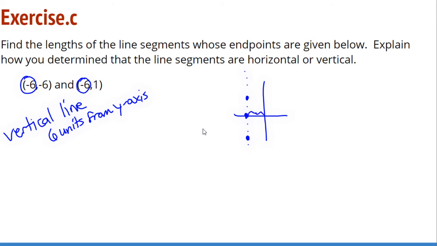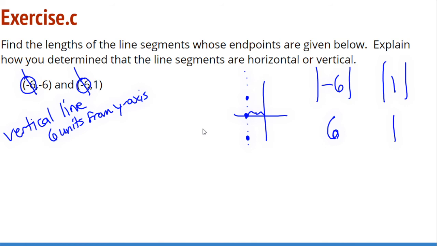Okay, so now that I know that I've got a vertical line and that both points are on the vertical line, I need to find out how far apart the 2 points are. So I need absolute value. And the question is, am I going to add or subtract?